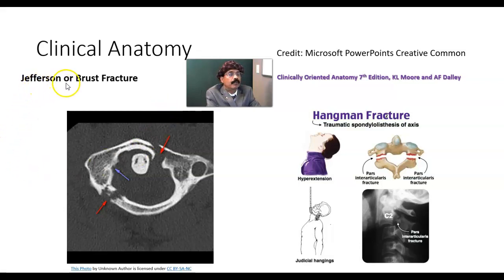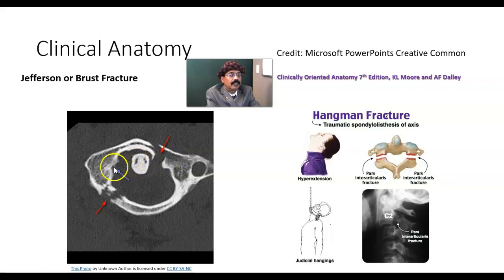So what will happen? We may have two types of fracture. One is the fracture of the atlas: the anterior arch here, the posterior arch fracture here, and the lateral mass a little bit separated. This is the dens or the odontoid process of the axis.